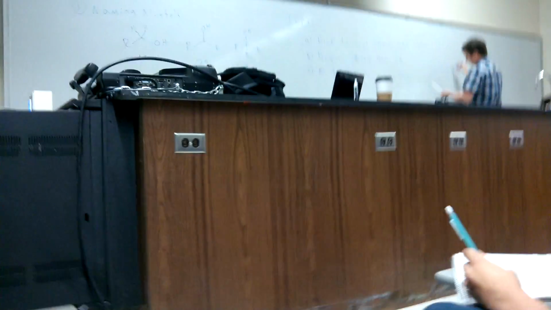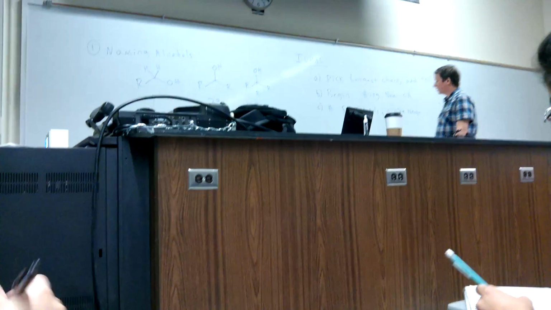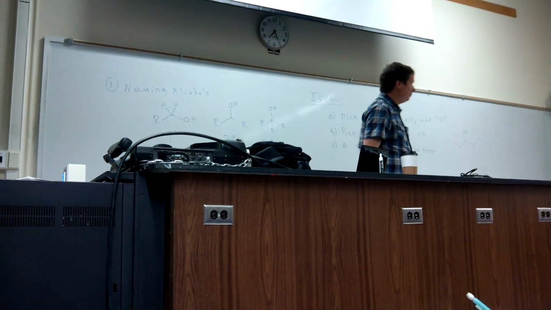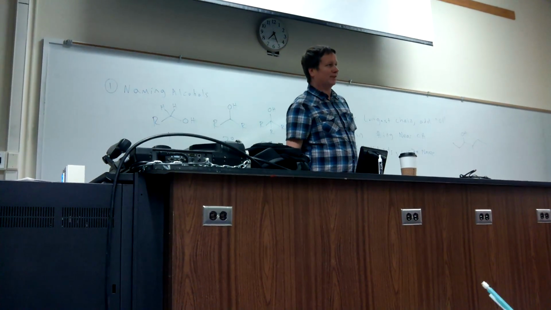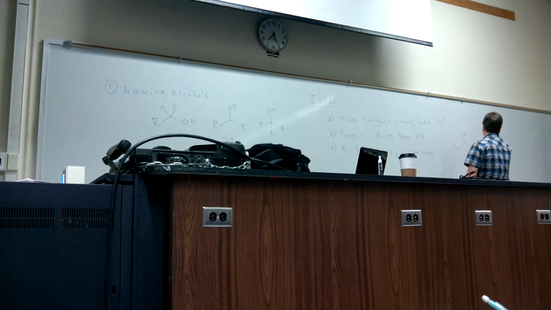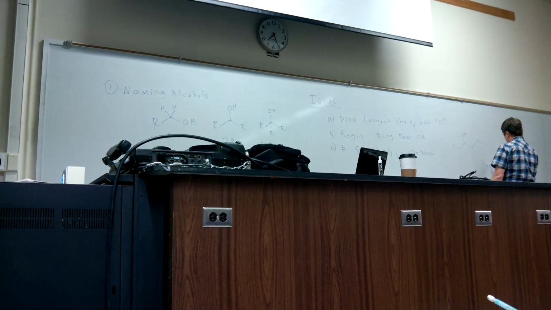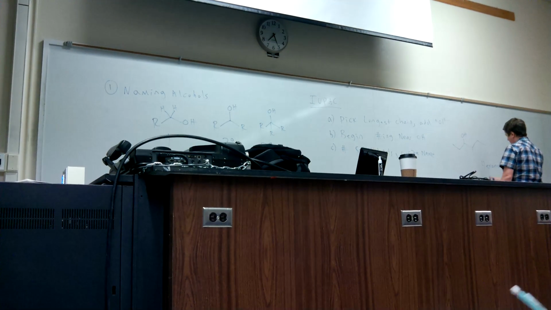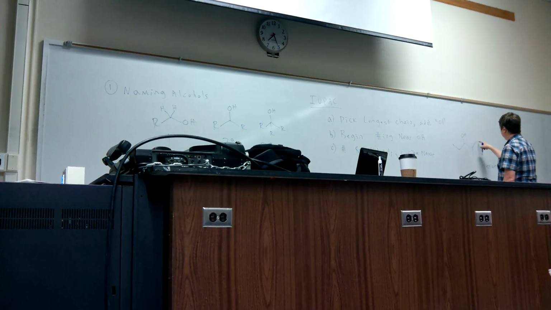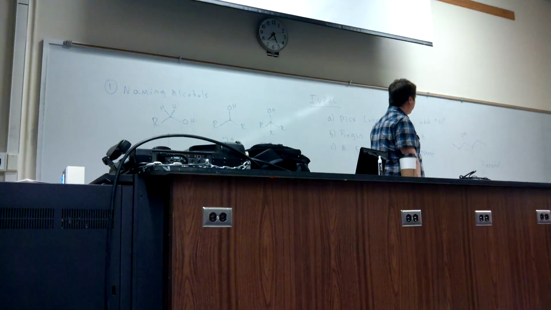So this kind of alcohol, find the longest chain: 1, 2, 3, 4, 5, 6. It's a hexanol. Did I do it right? 1, 2, 3, 4, 5, 6. Got hexanol.